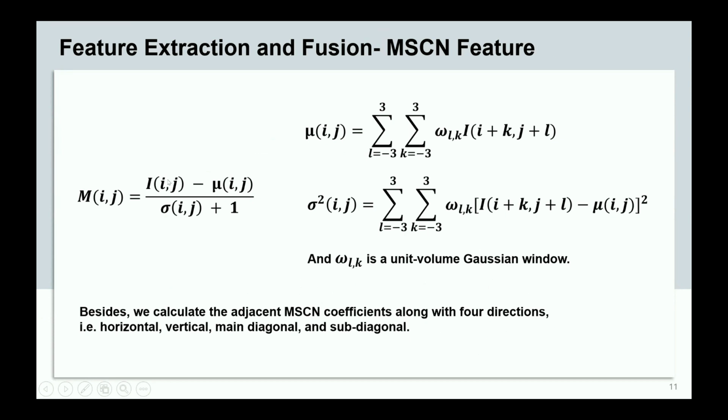We use the original image minus mean value and divide by standard deviation plus 1, which protects it from a denominator of 0. And besides, we calculate the adjacent MSCN coefficients along 4 directions: horizontal, vertical, main diagonal, and subdiagonal.